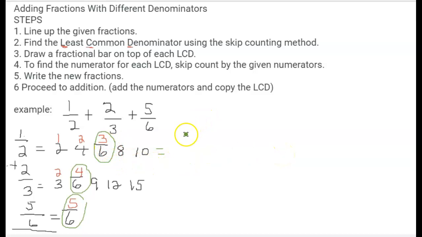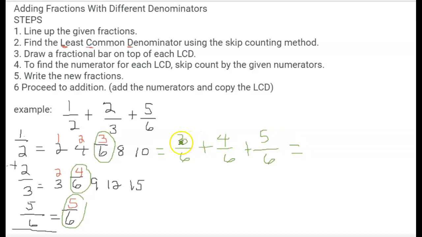So I'm going to write my 3/6, and I'm going to write my 4/6, and I'm going to write my 5/6. And I'm going to add them. Okay? And according to this, add the numerators and copy the least common denominator.